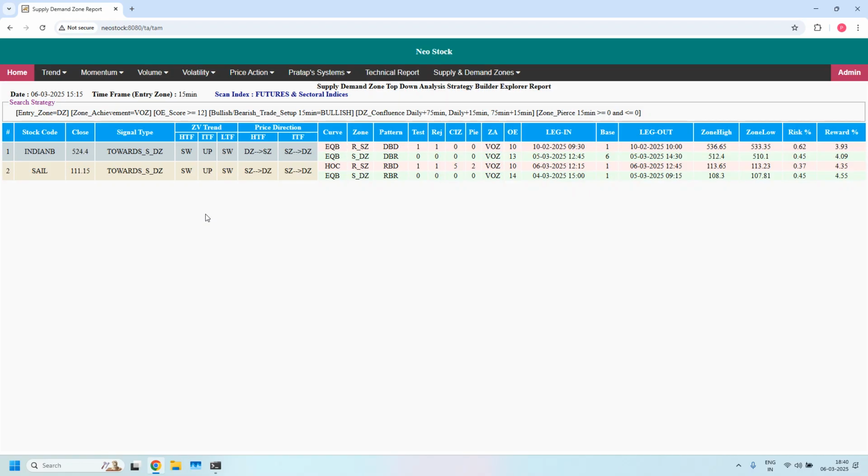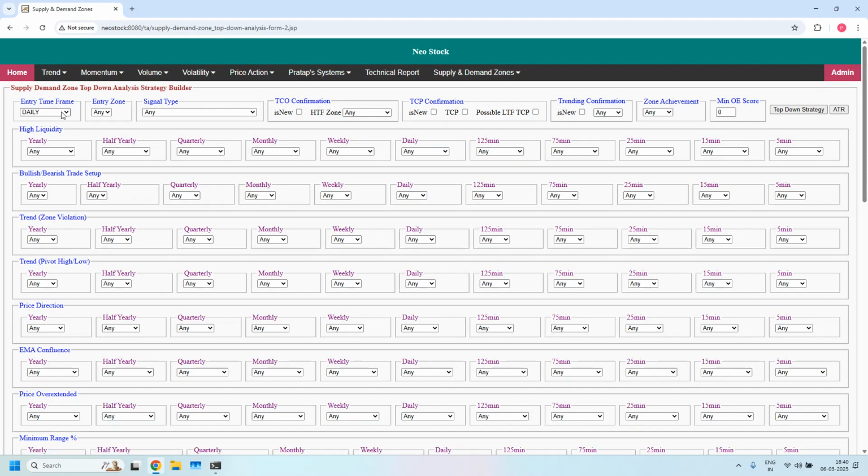Okay, next, this is the bullish trade setup for daily income trade. Next, the bearish trade setup for daily income trade. Entry time frame 15 minutes. Entry zone, supply zone. In bullish or bearish trade setup at 15 minutes time frame, I am selecting bearish. Zone achievement violated opposing zone. Minimum odd enhancer score 12.